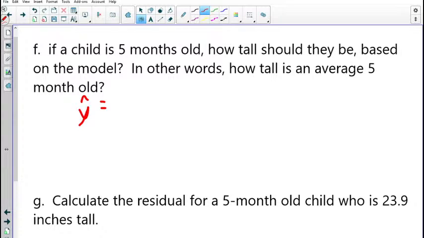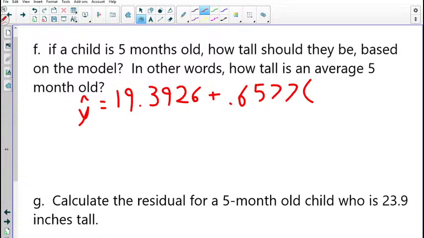X. We're going to put it in for X. So we're going to have the 19. You're going to have to read me the decimals again. 0.6577. And we're going to plug in 5.